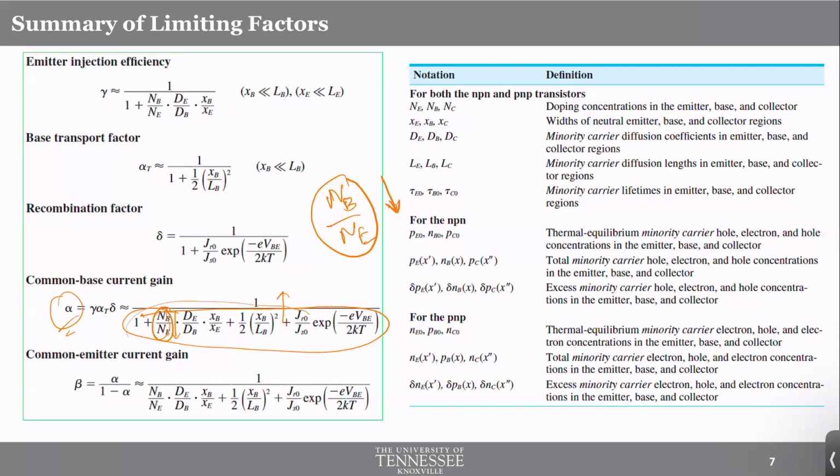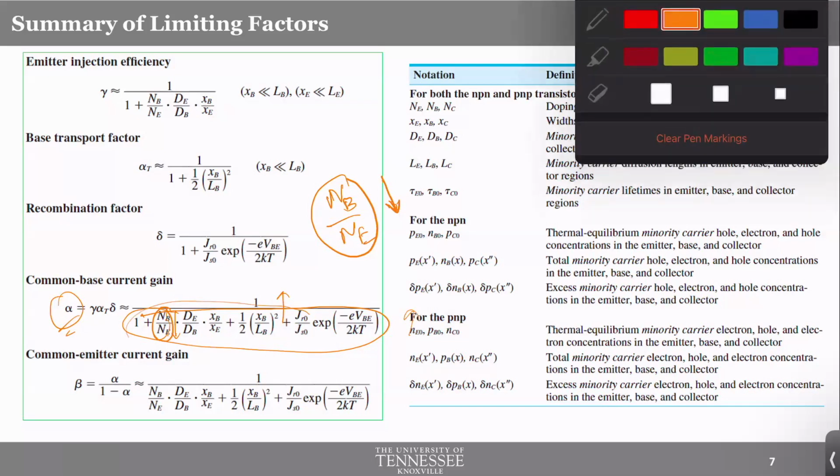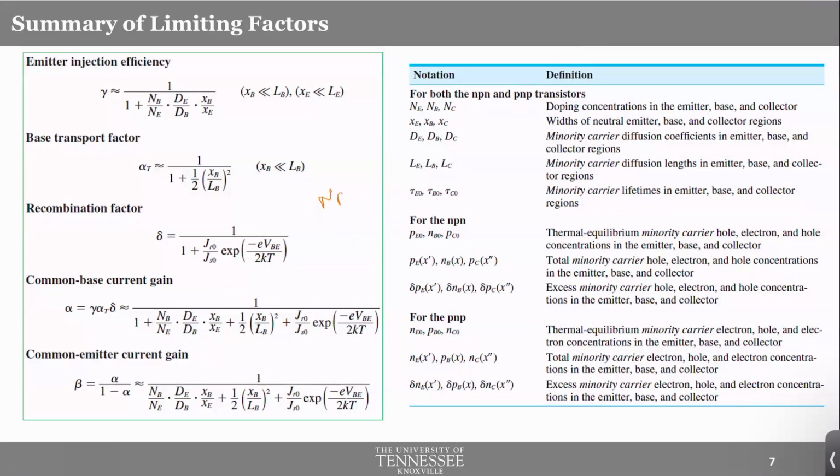Otherwise, if this denominator is high, alpha will be much smaller than 1, which we don't want to have. So that's why if NB over NE is smaller, that helps. And how can you make NB over NE smaller? By making the doping concentration of the emitter higher than the doping concentration of the base. That's how you can make it smaller.